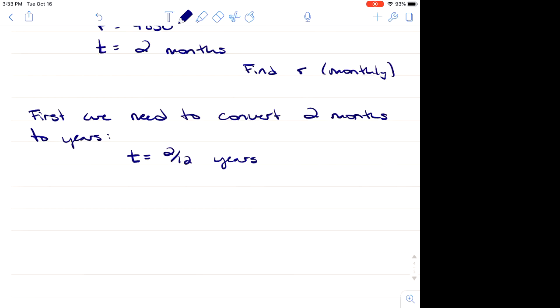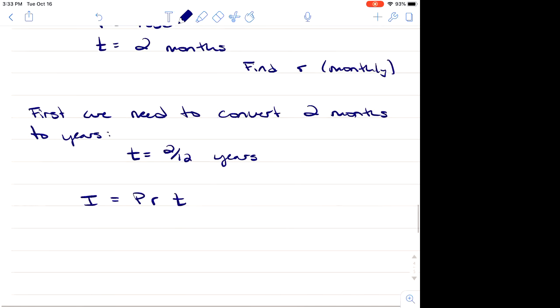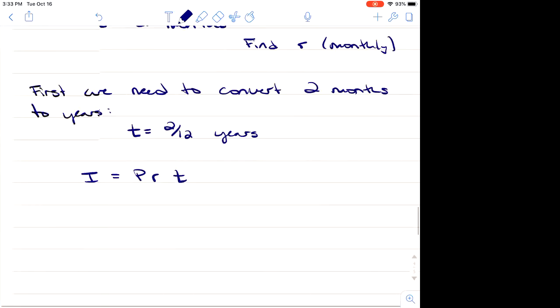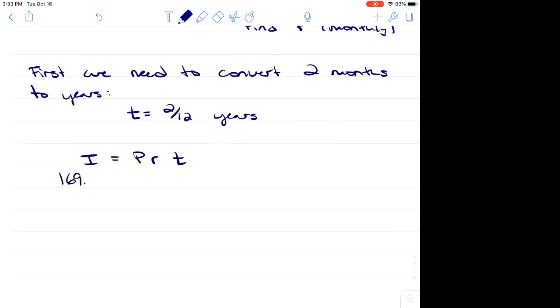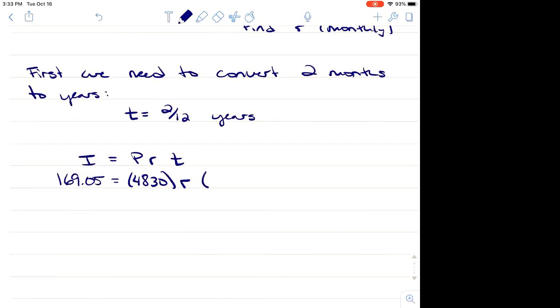So then I can say, okay, well, I equals PRT. I was 169.05. P was the 4,830. R is what we're trying to find. And T, we just said, was 2 out of 12.